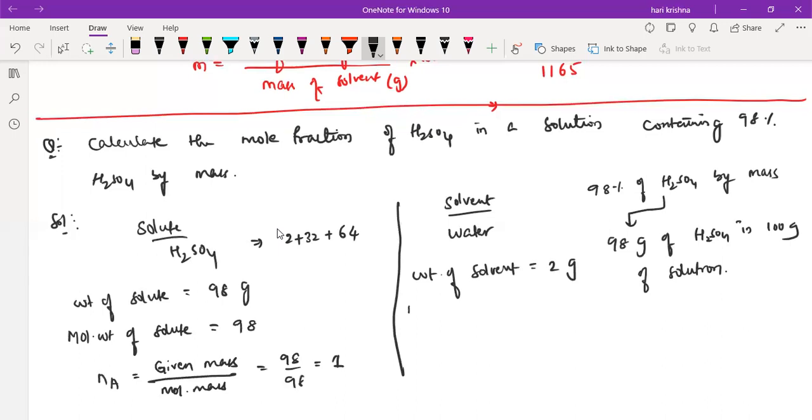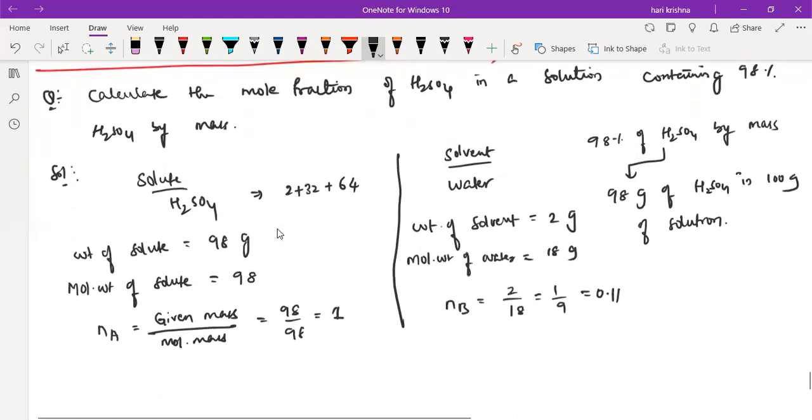Then what is the molecular weight of water? 18 grams. So Nb equal to 2 by 18 is equal to 1 by 9, which is approximately equal to 0.11.